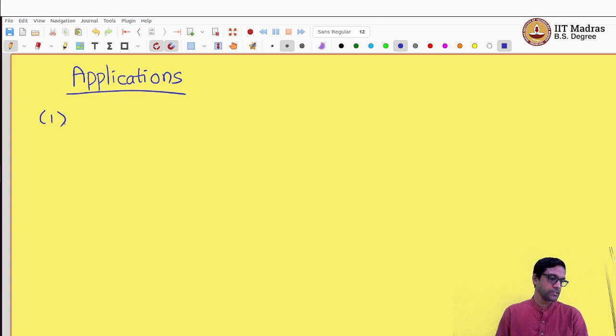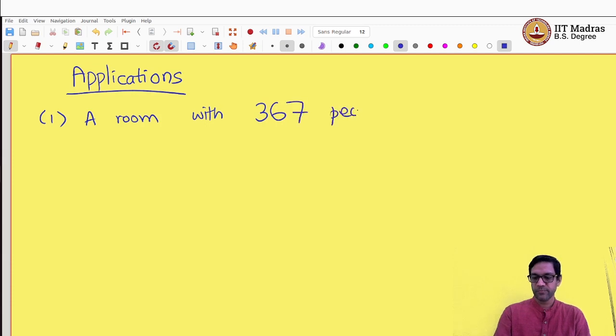So here's the first and maybe obvious one. Suppose I have a room in which there are, imagine I had 367 people. Consider a room with 367 people.